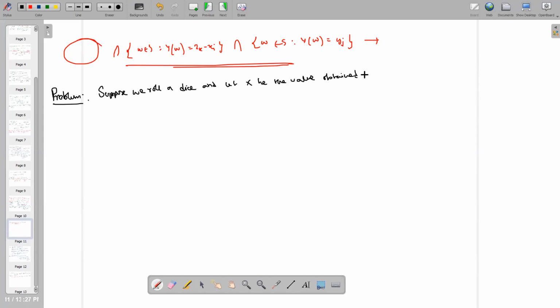We want to find the second order moment, that is, the expectation of x square. So find me the value.